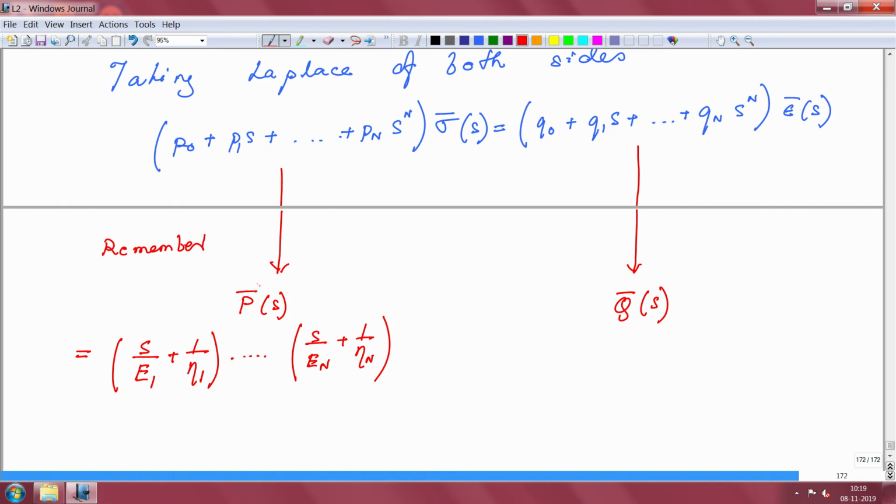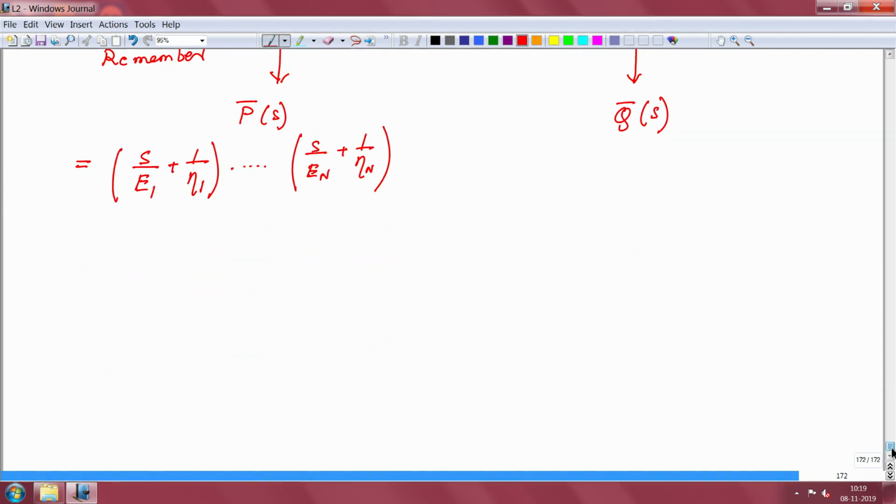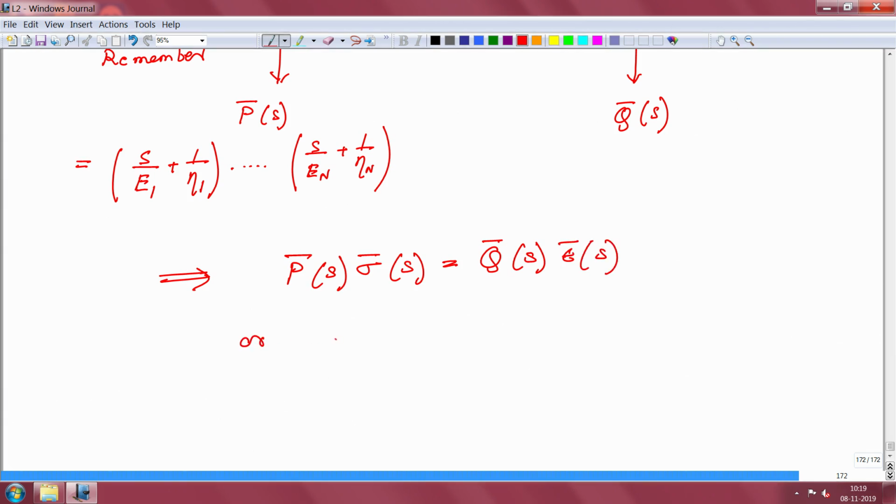In this case, the polynomial P can be easily factored, so the roots are very well known. This form is going to be very helpful for us in solving for the different cases.